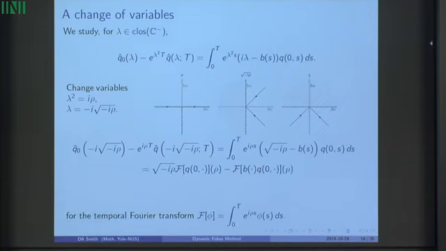We can actually write this as a sum of two Fourier transforms, right? There's the Fourier transform of B times the Dirichlet boundary value, and the Fourier transform of the Dirichlet boundary value, except multiplied by the square root of minus I rho, and now I'm using this temporal Fourier transform. Okay? All right.